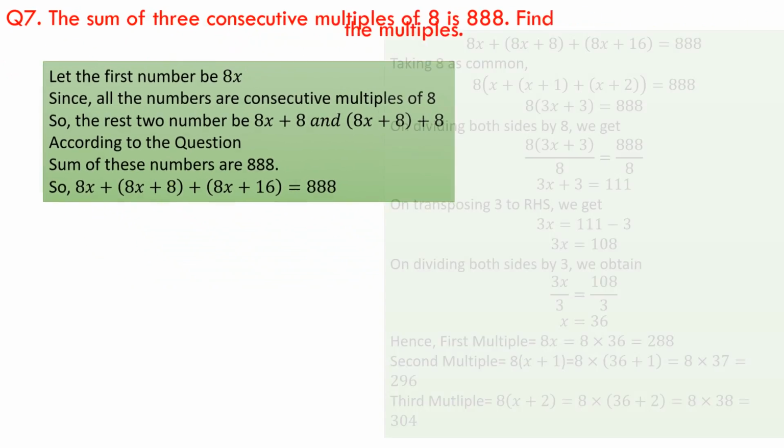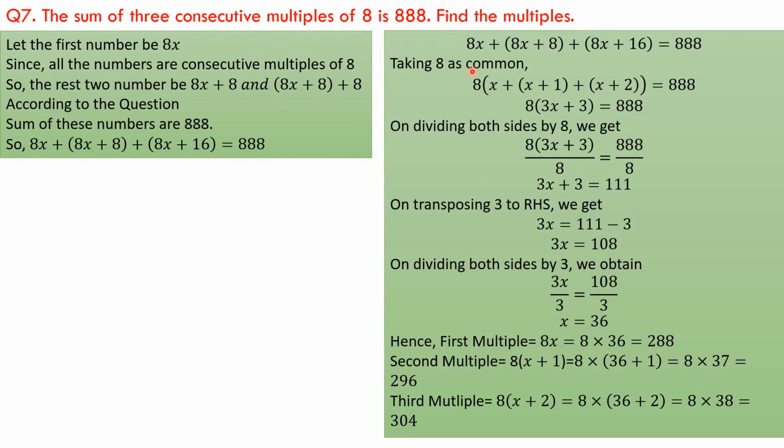We can take 8 as a common. We get 8 in the bracket x plus again in the bracket x plus 1 plus in the bracket x plus 2 bracket close equals to 888. Here x plus x plus x equals 3x and 1 plus 2 equals to 3.